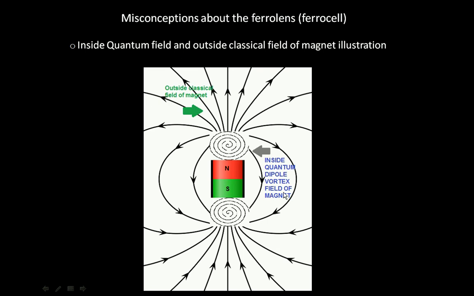So we get the classical, macroscopic field from the outside of the magnet, and inside the magnet we have its quantum field, which consists of this dipole vortex configuration. Yes?